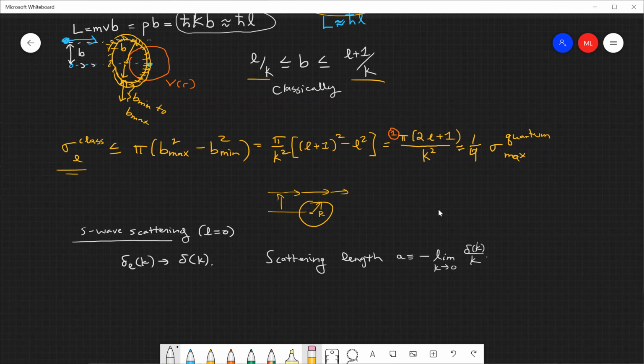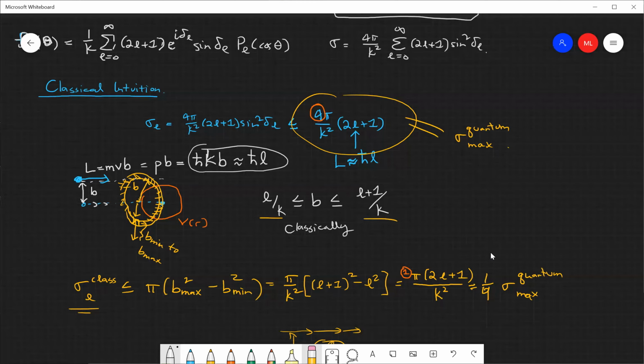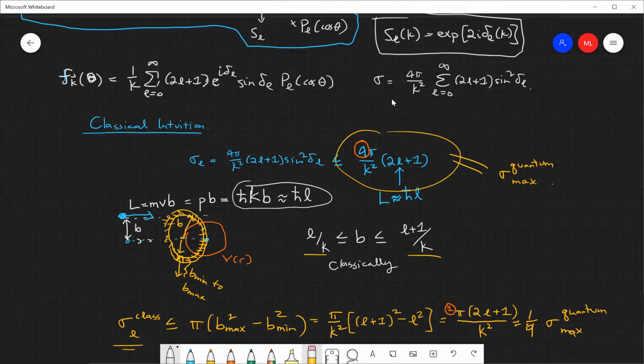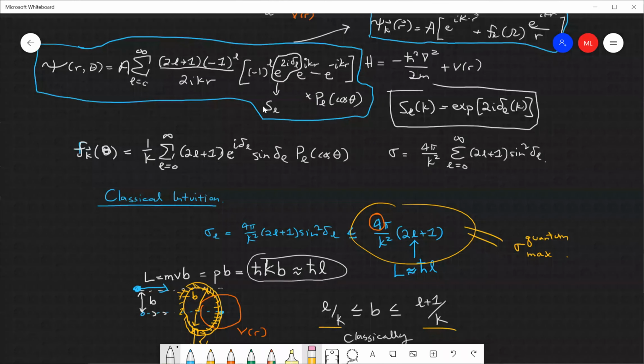Basically, recall that the full solution, the scattering cross-section, the scattering amplitude, the solution itself, is entirely determined by the phase shifts. If you know the phase shifts, then you know everything there is to know about the scattering solution.